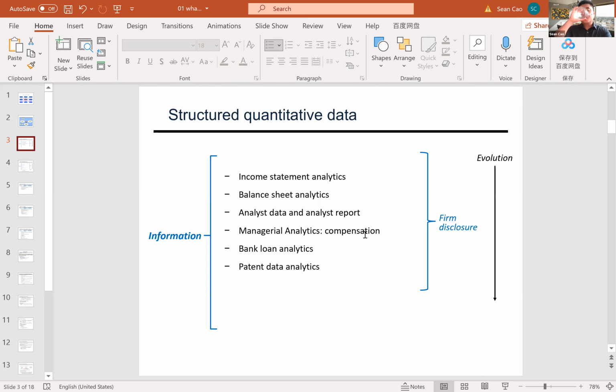And the loan contract has different information. For example, the loan contract has the loan amount. Is Apple borrowing like $10 million? The loan amount is in a loan contract. And also, what's the loan spread? So what's the interest rate on the loan and the duration?